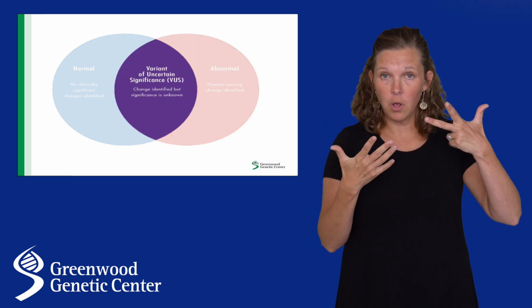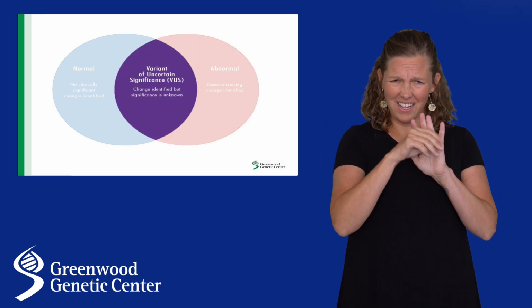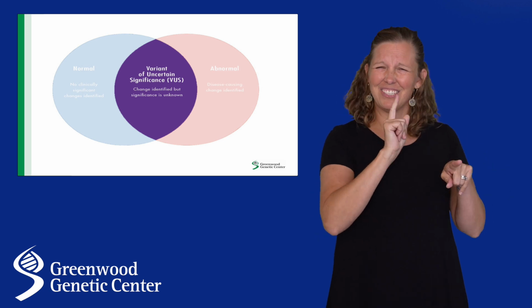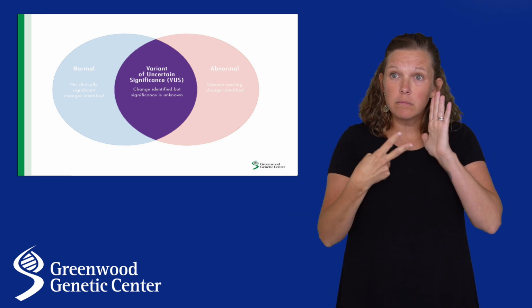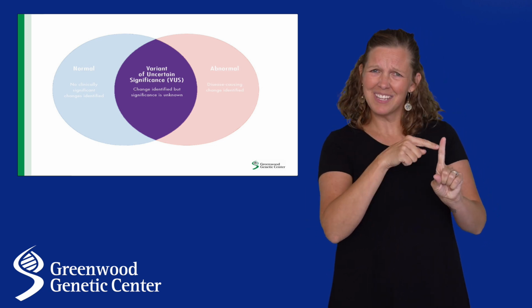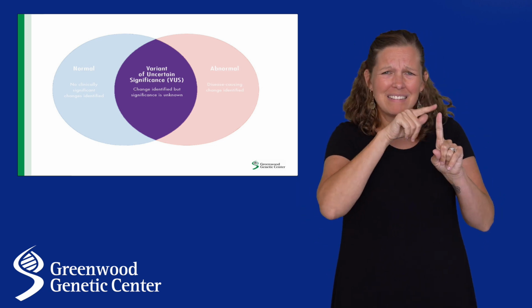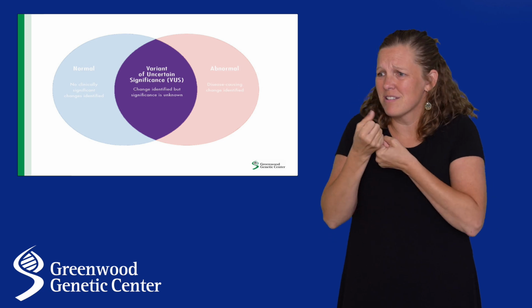The third result is a variant of uncertain significance, or VUS. This means that we found a change in a gene, but we aren't quite sure if the spelling change causes a problem or not.